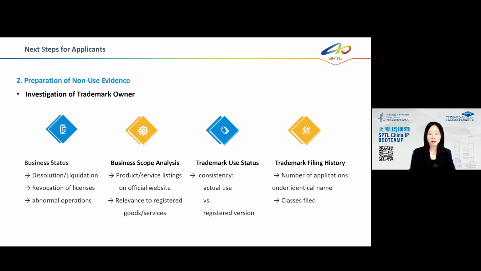Regarding how to prepare non-use evidence, before filing, applicants should thoroughly conduct searches on the following: the restaurant's operational status. For example, dissolution of the restaurant company can be strong evidence to prove potential non-use. Revocation of licenses and abnormal operation status may be considered as signs of possible non-use. We may check whether the designated goods match the products on the official website, and whether the applied-for mark and the used marks match.